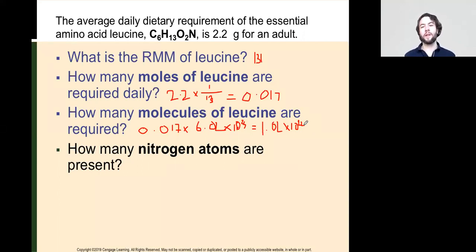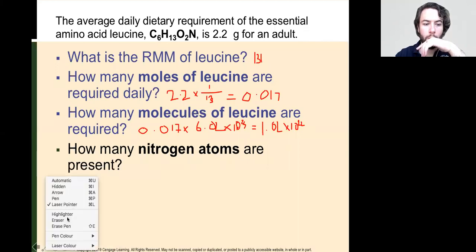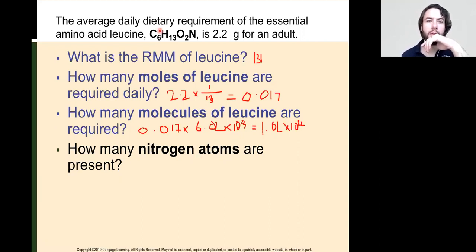If this is the number of molecules of leucine, 1.02 times 10 to the 22, sorry for my terrible writing, how many nitrogen atoms are going to be present? How many nitrogen atoms are in one molecule of leucine?